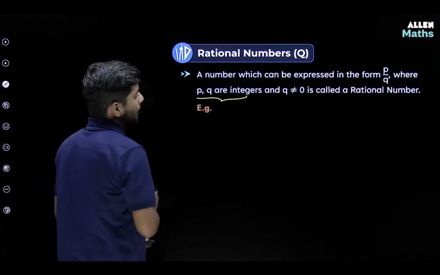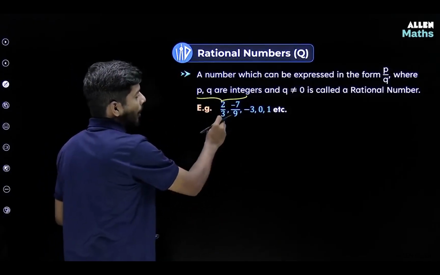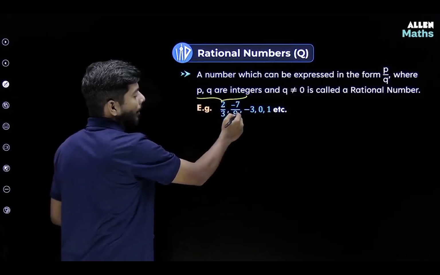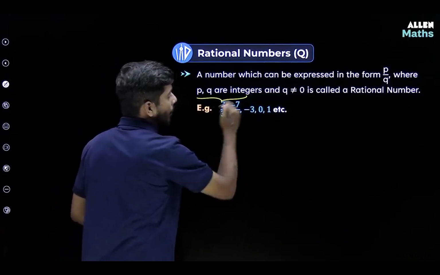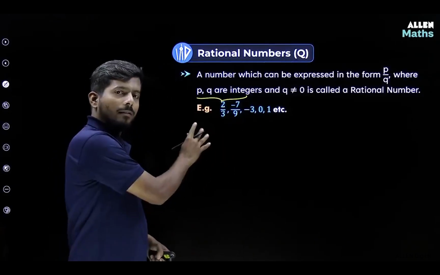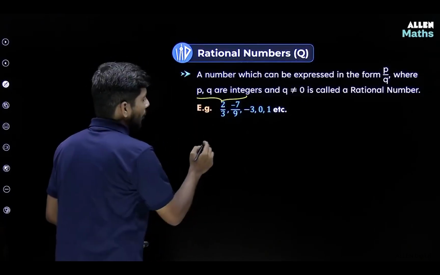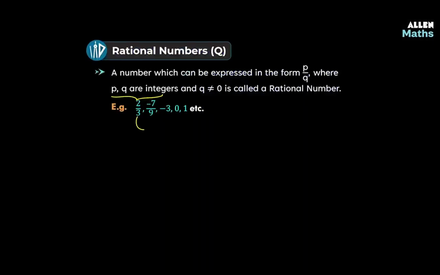Now let's take examples. Here we have 2 over 3, negative 7 over 9, negative 3, 0 and 1. If you observe, the first is a kind of fraction, and this is an example of an integer or negative integer.